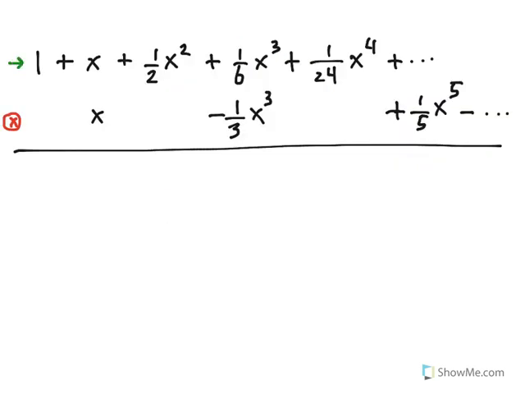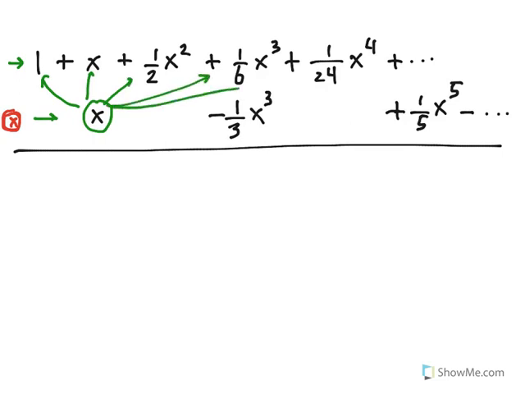So here I have the Taylor series centered at 0 for e to the x, and for the second line I have the Taylor series centered at 0 for arctangent of x, and we'd like to multiply them together. The way you do that is you multiply each term of one series to every single term of the other series.